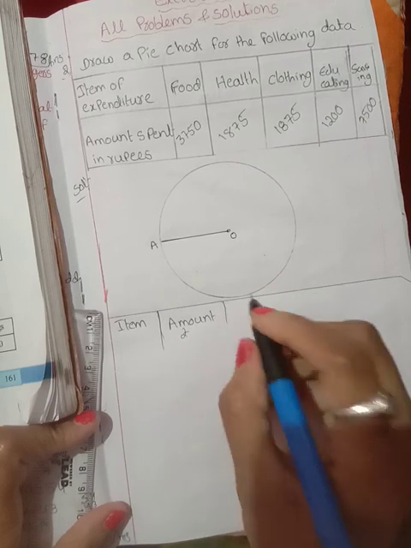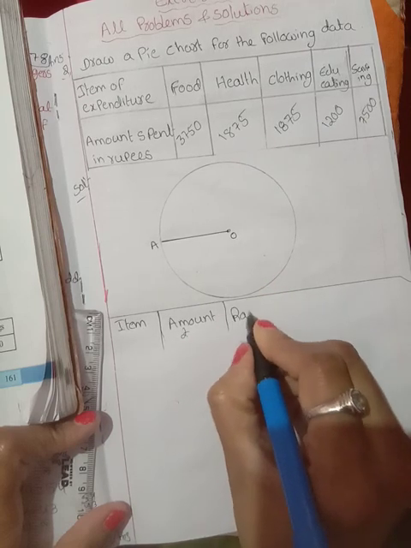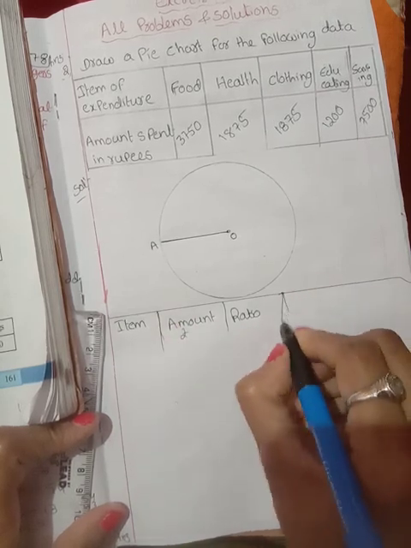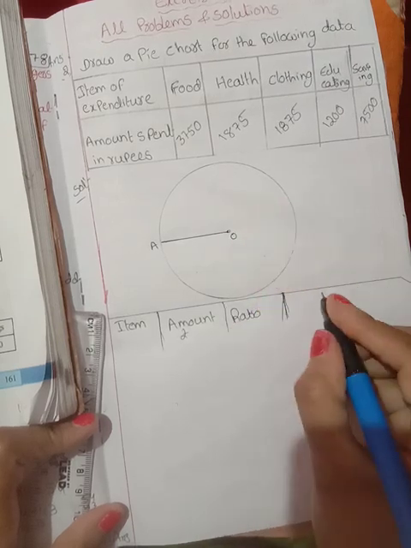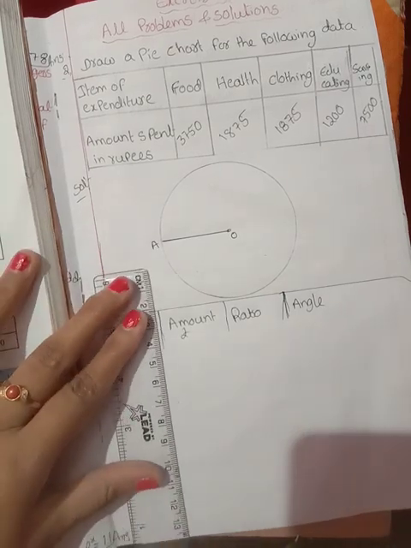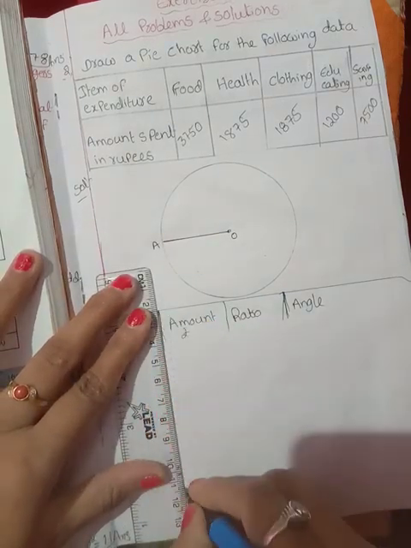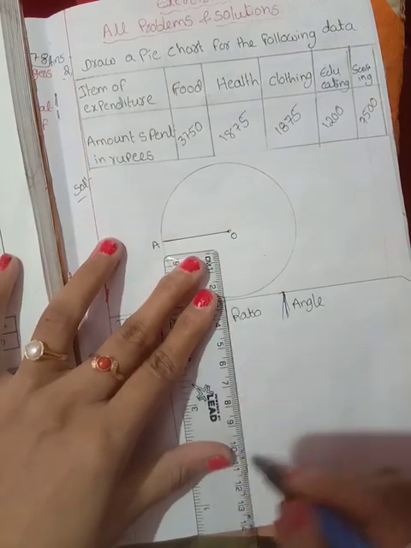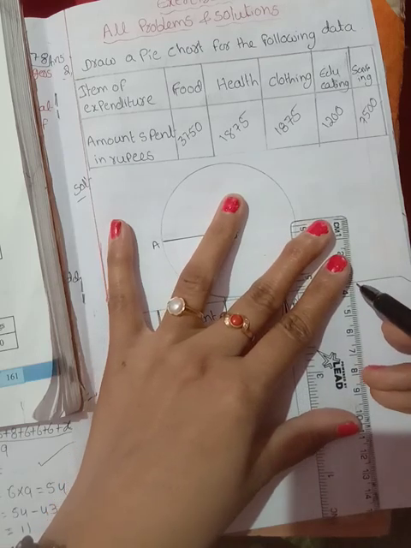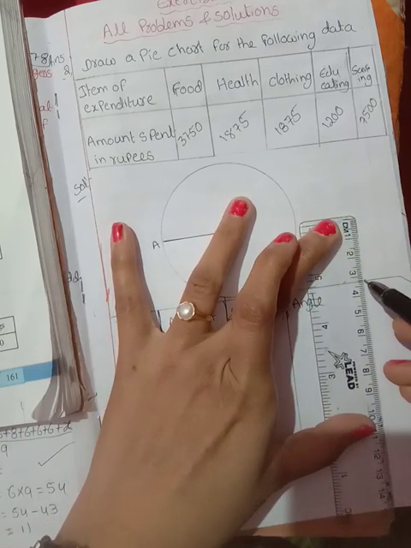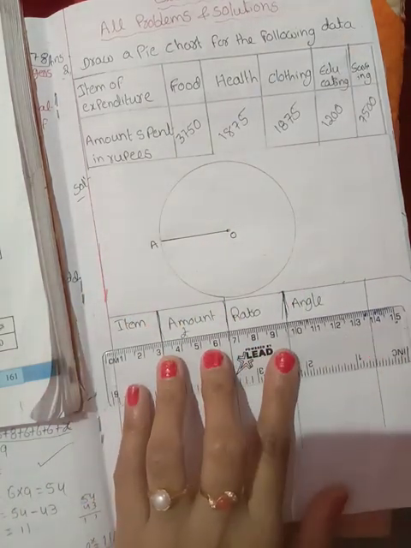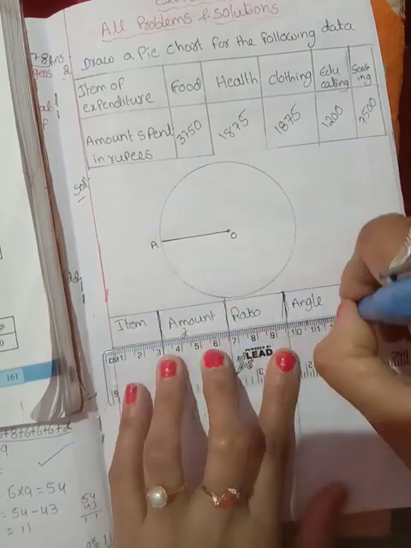Another column is the ratio, and another one is the angle. You understand, I can say. Draw that table data for the above problem.